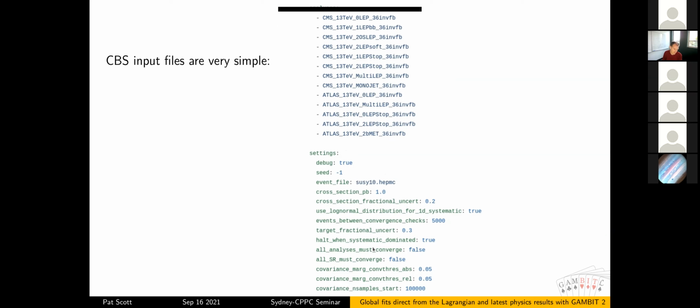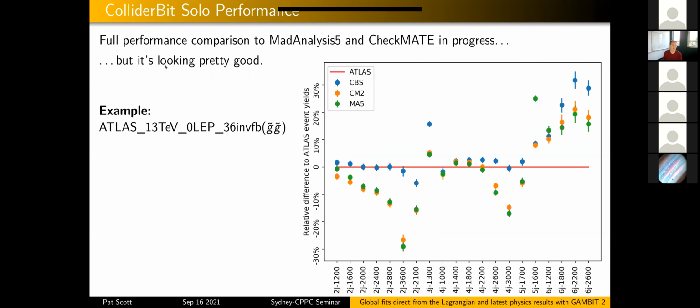These are the main settings that you would normally set when doing a GAMBIT run for ColliderBit, with a couple of additional ones; here you specify the name of the event file that you want to read in, for example. At the moment, we're preparing a paper about CBS and some other improvements in ColliderBit. That's going to include a full performance comparison to MadAnalysis 5 and CheckMATE, which is looking pretty good so far.